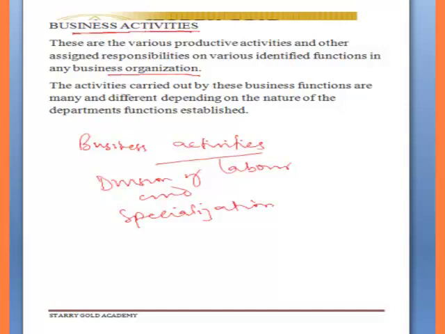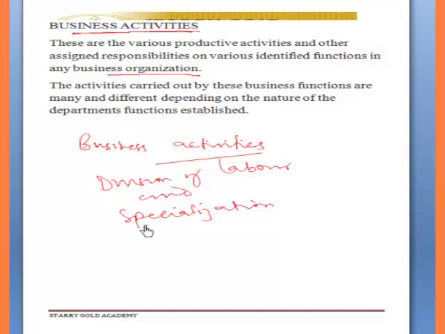So each of these departments or functions is known with a number of specialized functions and other responsibilities, and this helps to facilitate the realization of broad organizational goals and objectives.